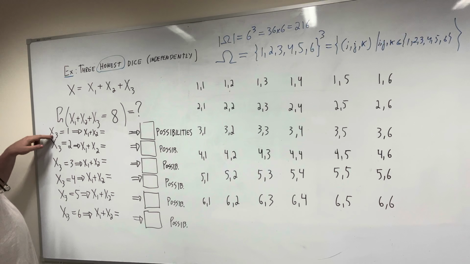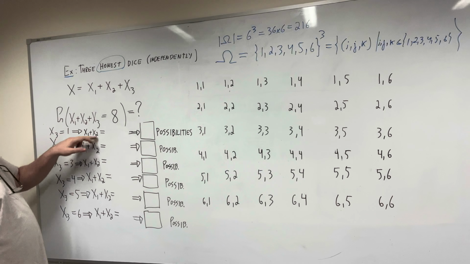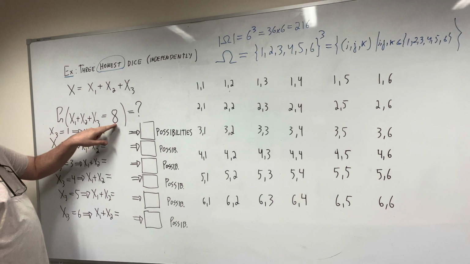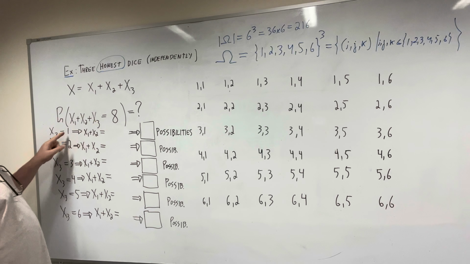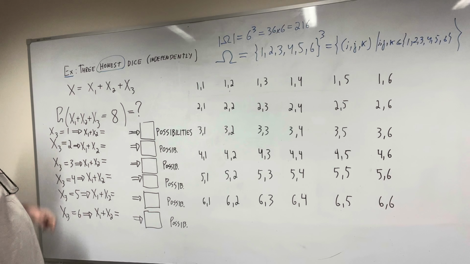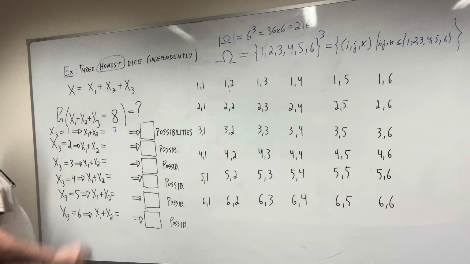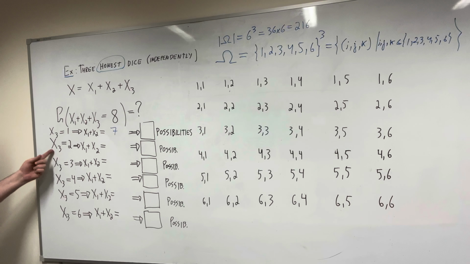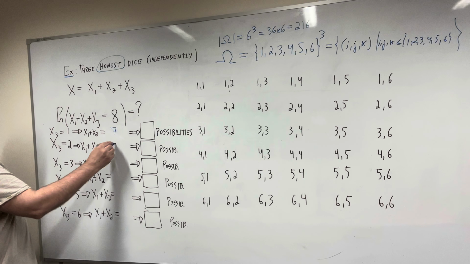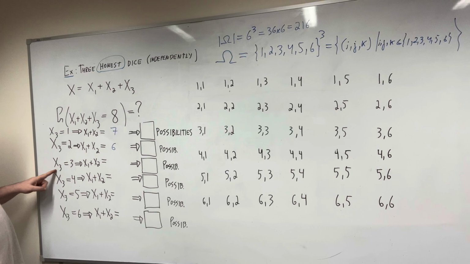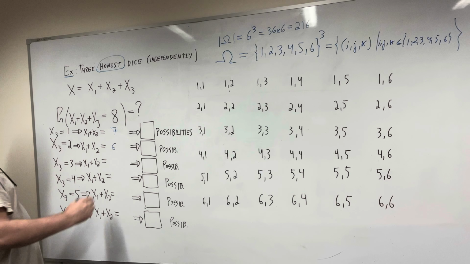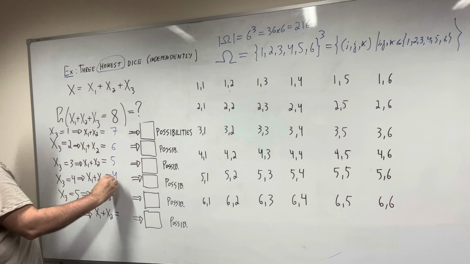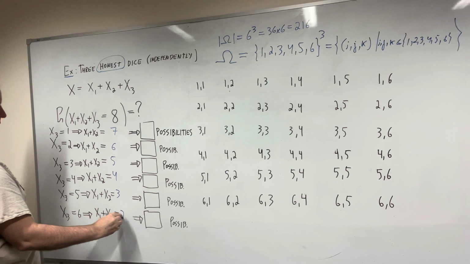If the third dice is 1, the sum of the 3 should be 8, so the other 2 have to add up to 7. Okay? If the third die is 2, the sum of the other two has to be 6. If the third is 3, the sum has to be 5, and so on and so forth.